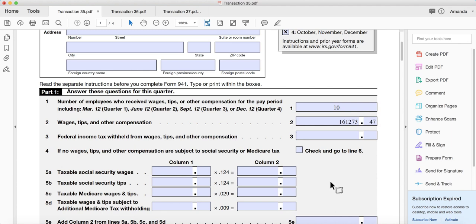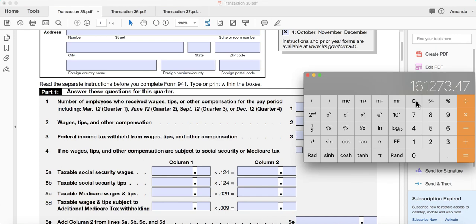So for taxable Social Security earnings, we are going to take our quarterly gross total of 171,917.47 and subtract the amount of O'Neill's wages that were not covered.